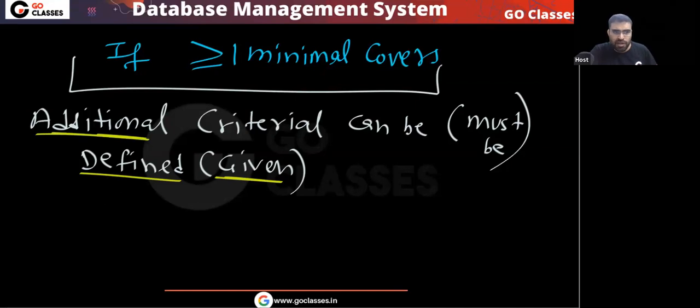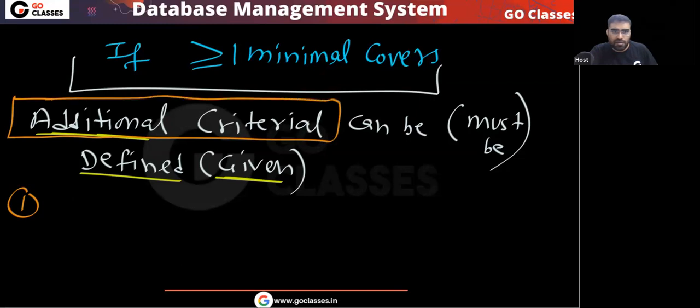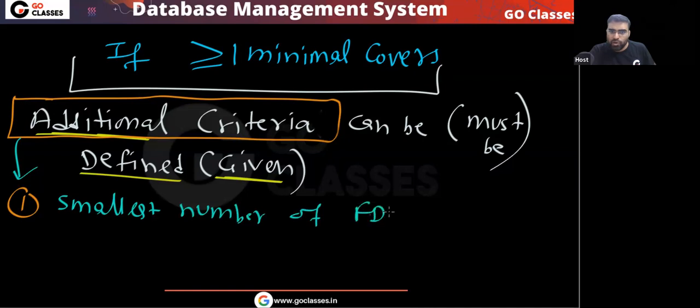And what are the possible additional criteria? Tell me, what can this additional criterion be? For example, it can be the smallest number of FDs, because different minimal covers can have different numbers of FDs.